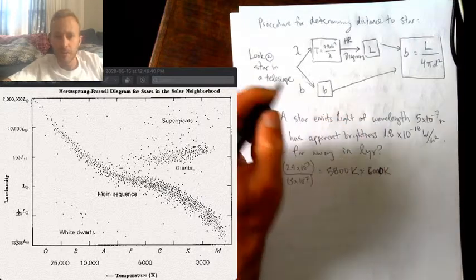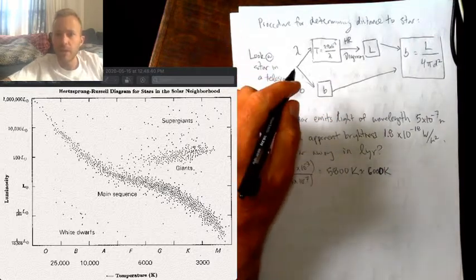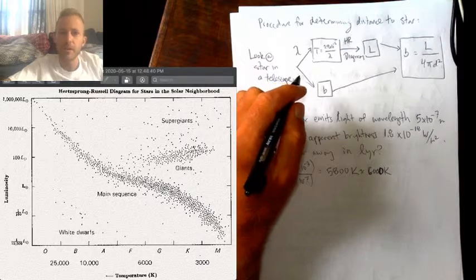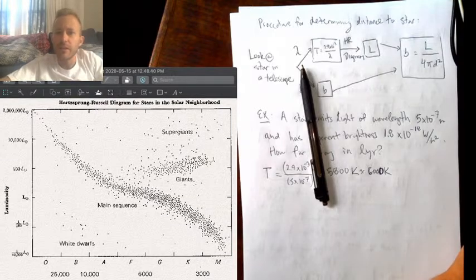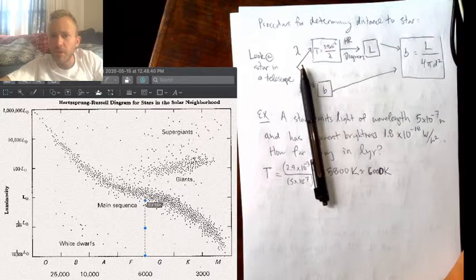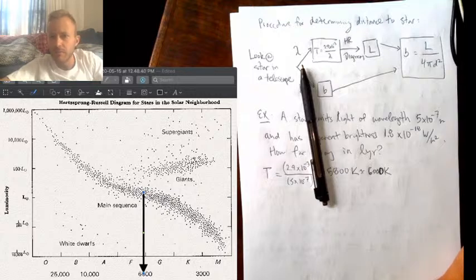So now I'm going to go over to my HR diagram. I'll annotate it here so you guys can see that. I'm going to draw a line here. Here's 6,000 Kelvin, so I'll draw a line up. And I'm going to use this main diagonal.